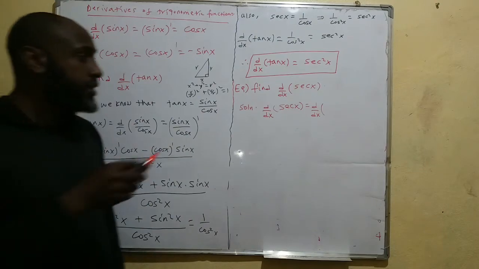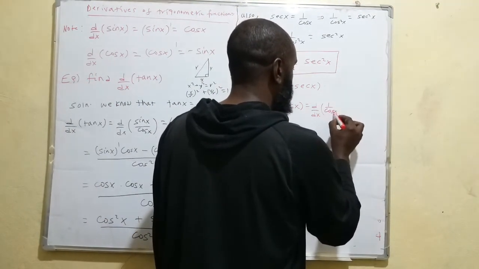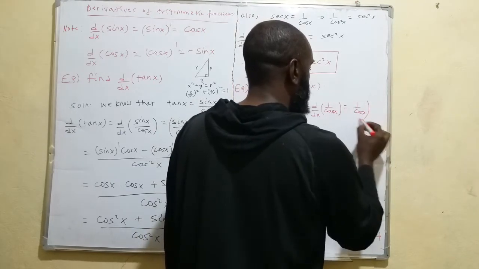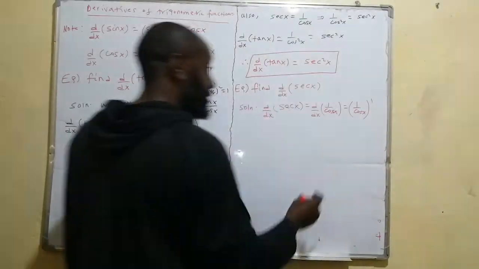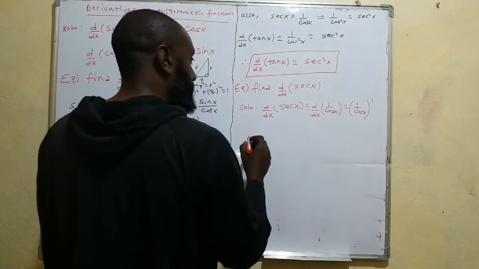Sec x is 1 over cos x, so this is the derivative of 1 over cos x. This again involves the quotient rule: 1 in the numerator, cos x on the denominator.